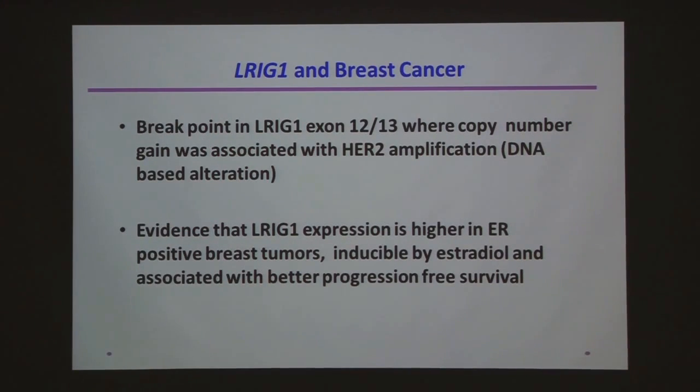Also, the evidence is that LRIG1 expression is higher in estrogen receptor positive breast tumors, and this is inducible by estradiol, and it's associated with better progression-free survival. So that was when we started to look at our data. This was information that we knew was important for us to be able to validate.